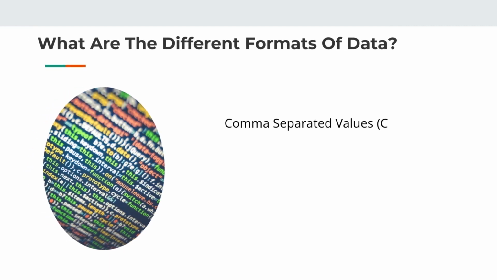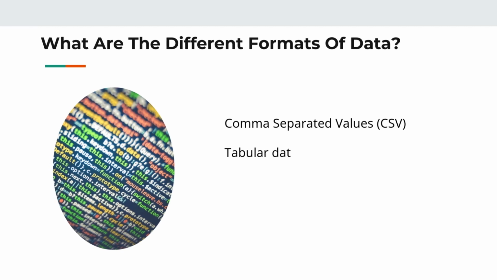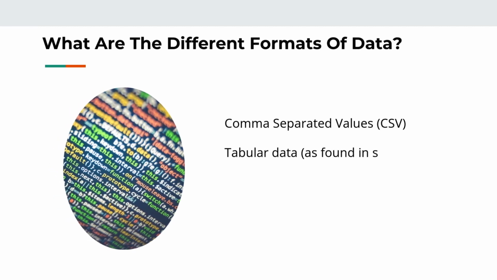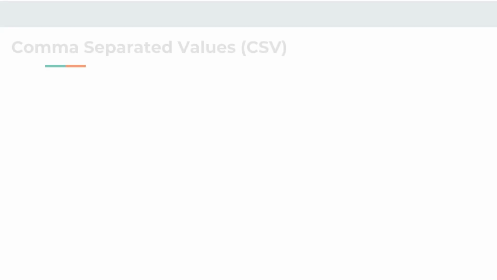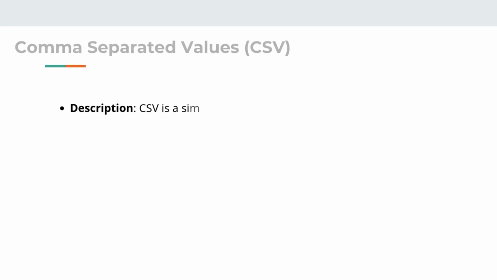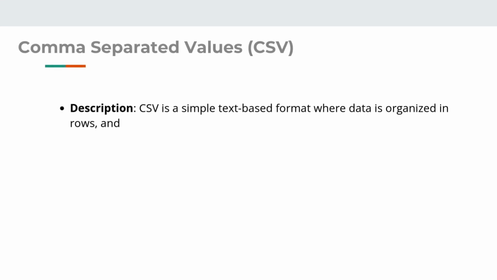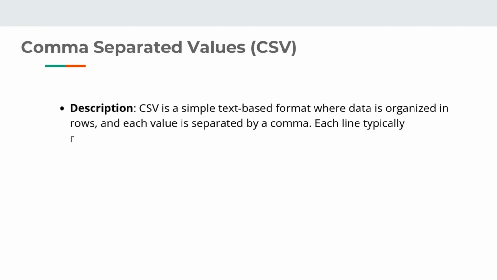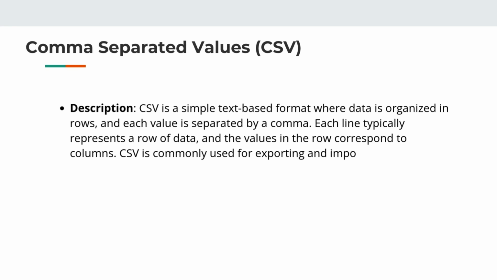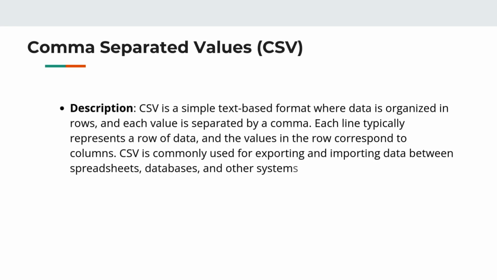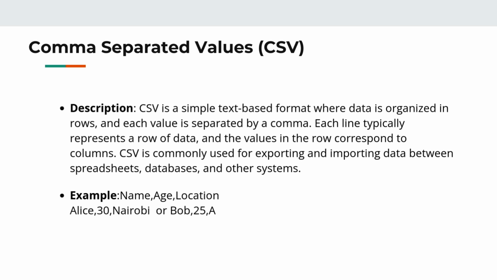Now, what are the different formats of data? Today, I just want to share 4 common formats of data, and these are CSVs, tabular data, JSON, and XML. Let's start with CSVs, also known as comma-separated values. CSV is a simple text-based format where data is organized in rows and each value is separated by a comma. Each line typically represents a row of data and the values in the row correspond to columns, as I earlier mentioned.